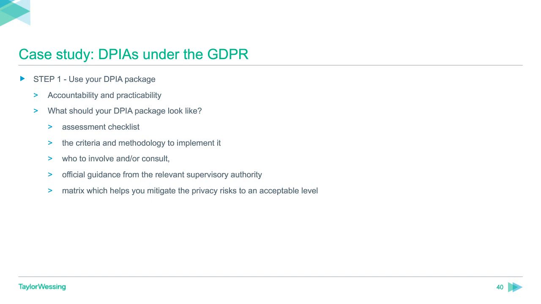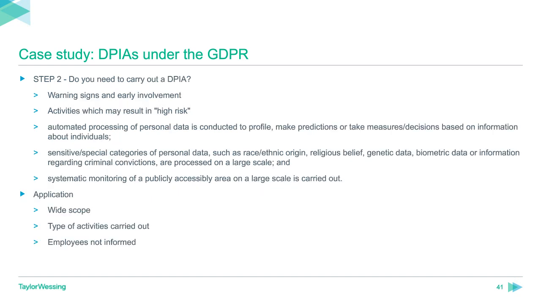Absolutely. And the first question to ask ourselves is really to have a look at the GDPR test, which requires you to conduct a DPIA where automated processing of personal data is conducted to profile, make predictions, or take measures or decisions based on information about individuals.